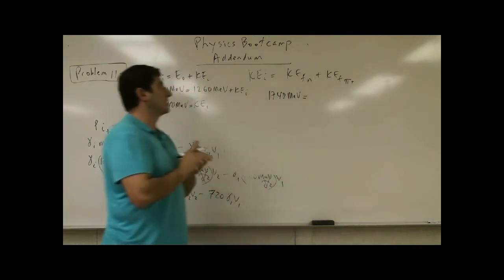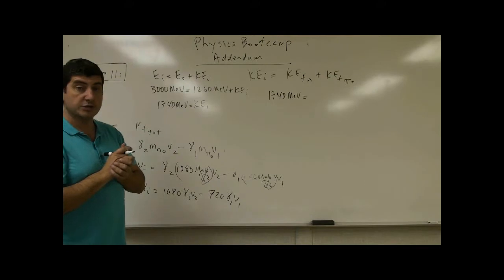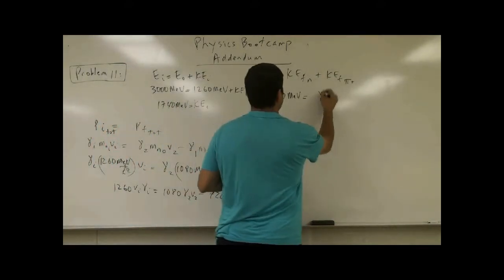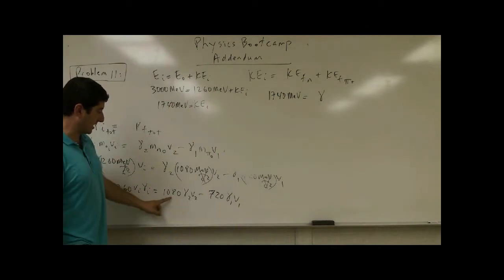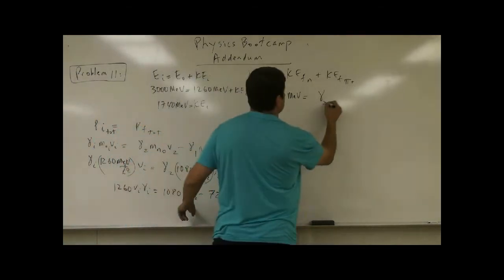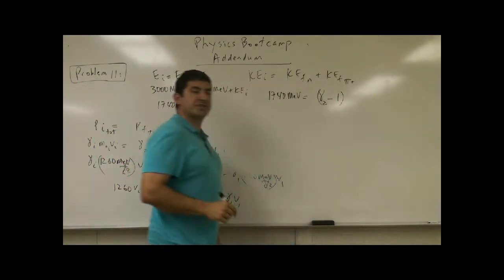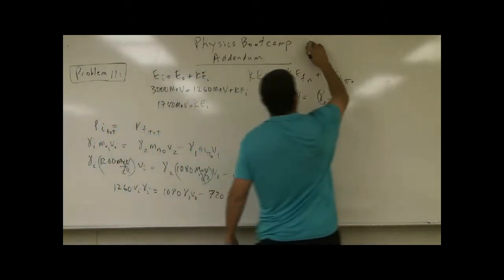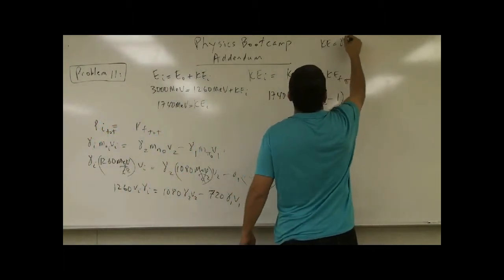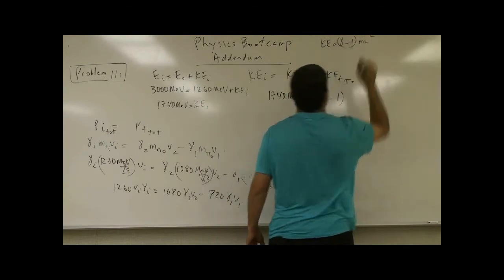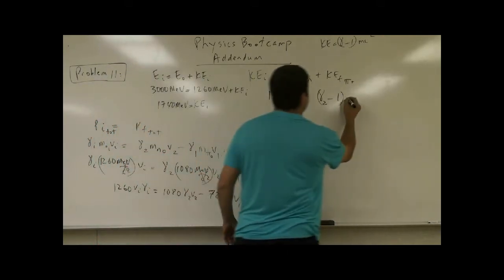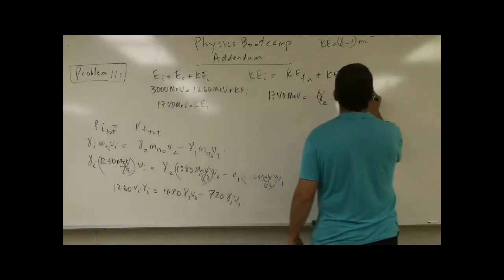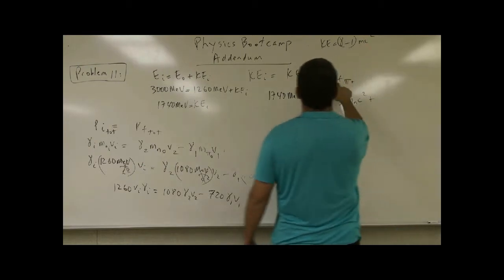So that's the incoming kinetic energy, 1740 mega electron volts. The final kinetic energy of the neutron, which we called gamma 2, is going to be gamma 2 minus 1. Remember the general equation for kinetic energy: gamma minus 1 times mc squared. So gamma 2 minus 1, mass of the neutron, c squared, plus the kinetic energy of the pion.